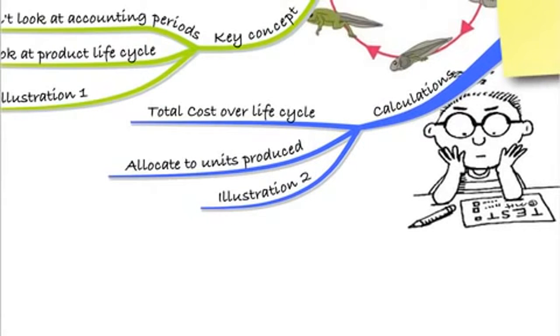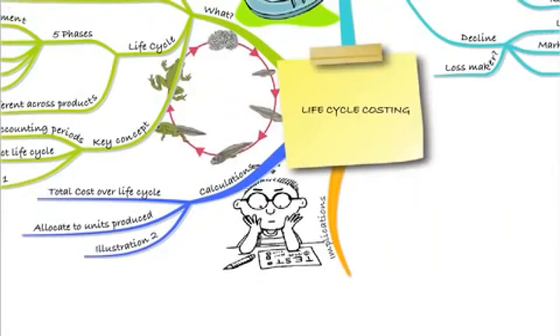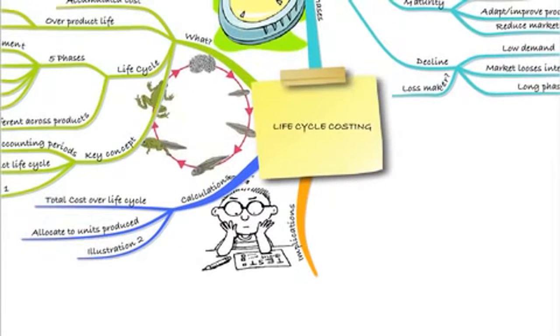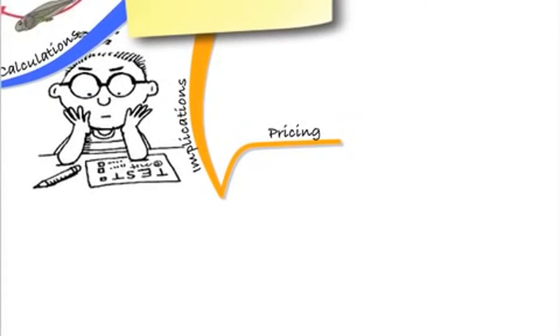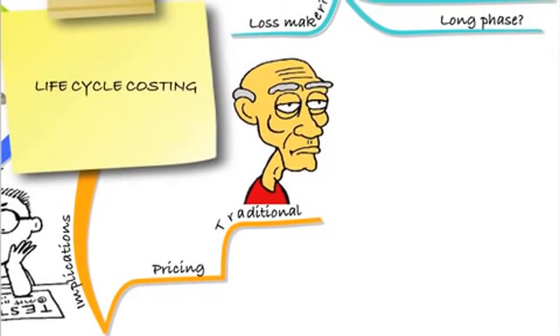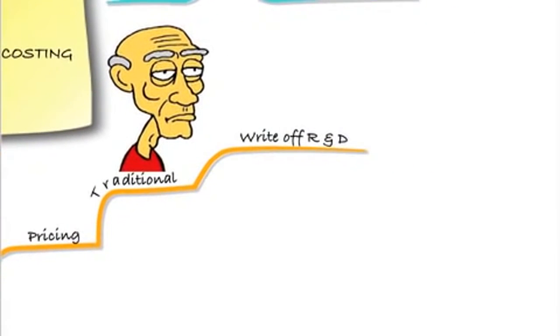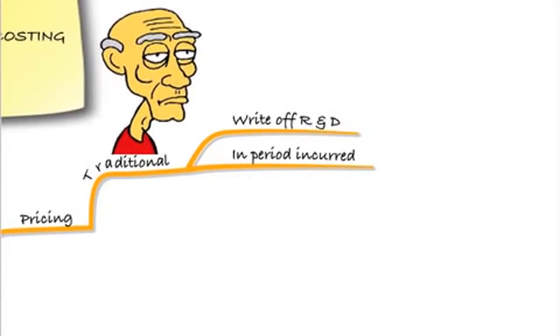Now that we've looked at the calculations for life cycle costings, we need to be able to discuss their implications. So there are some implications we need to understand for pricing. First of all, under traditional methods of costing, we often write off research and development costs in the period in which they're incurred.